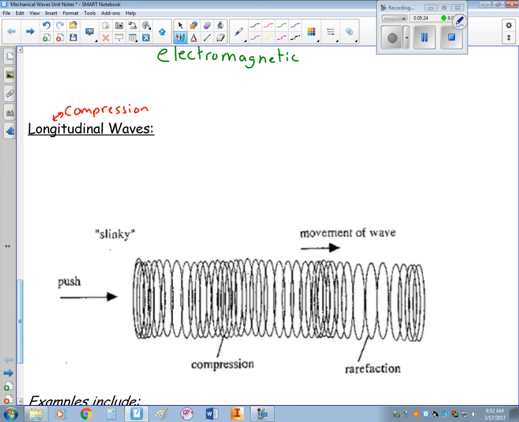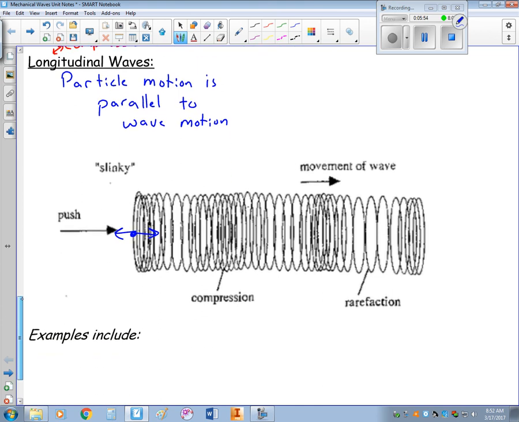For these, the particle motion is parallel to the wave motion. So here we have something like a particle, and we're going to shake it back and forth in this direction, and that's going to cause the wave to travel parallel to the particle motion.